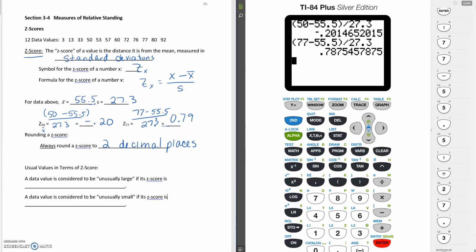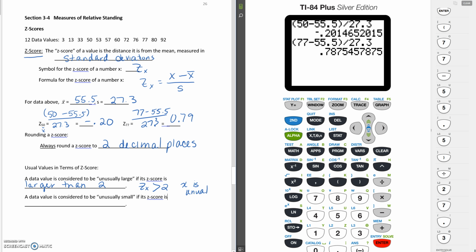Now, just like we talked about usual and unusual values, we can use z-scores to determine that. So a data value is unusually large if its z-score is larger than 2. So if z of x is greater than 2, then x is unusual.